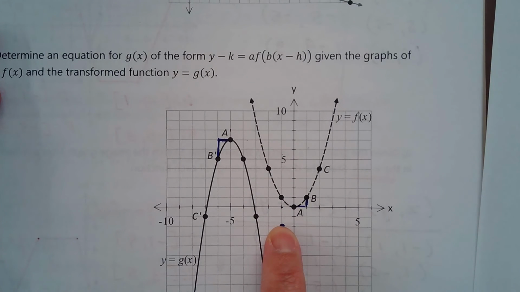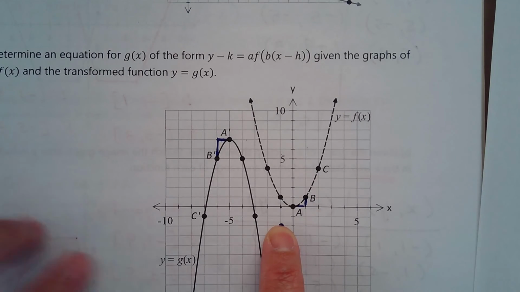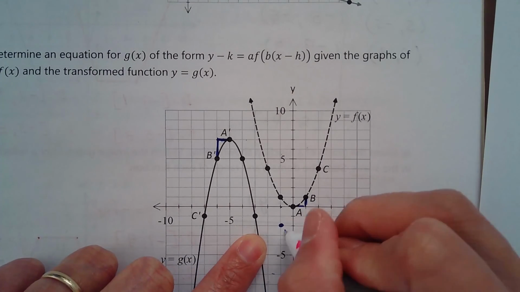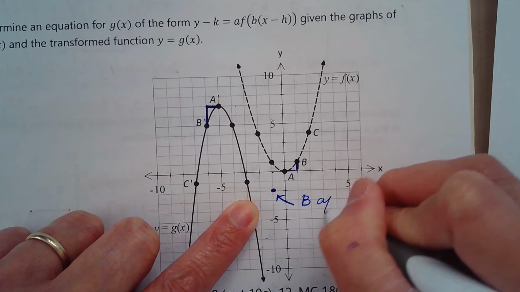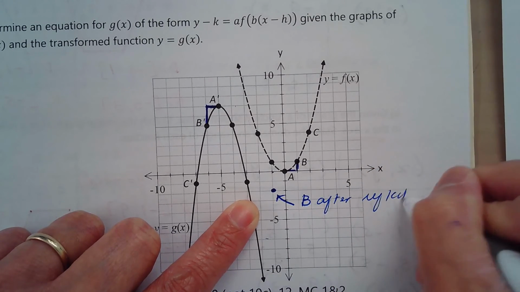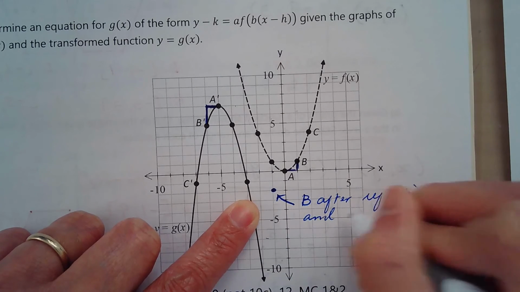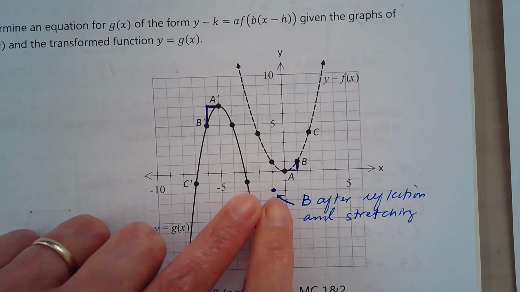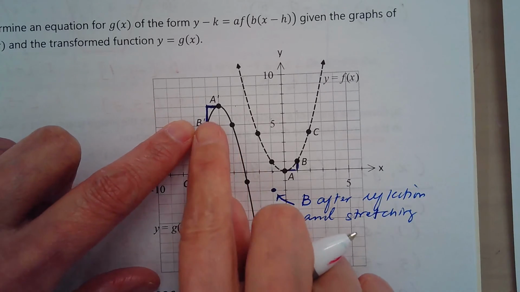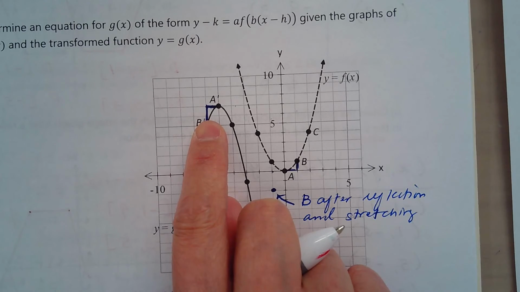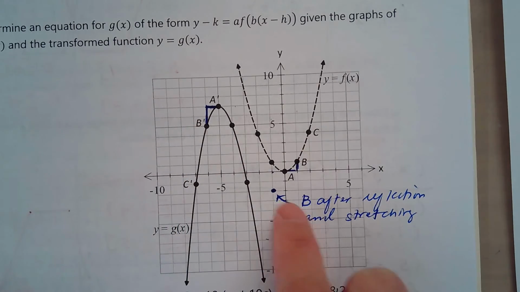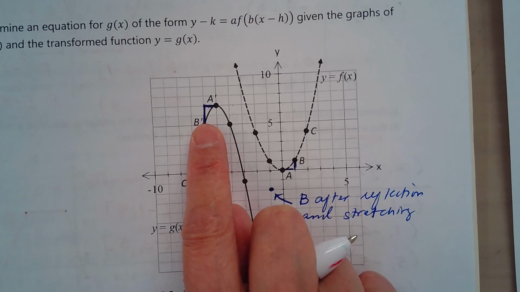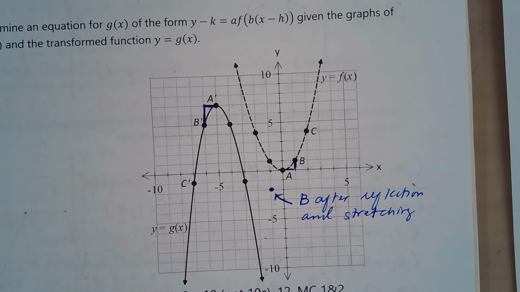But then we're saying, well, that's not where it is. So I'm going to put it here. This is the B after reflection and stretching. But the final B is up here. So we've already dealt with reflection and stretching. How did it get from here to here? It has to be the translation, moving up and horizontally left.